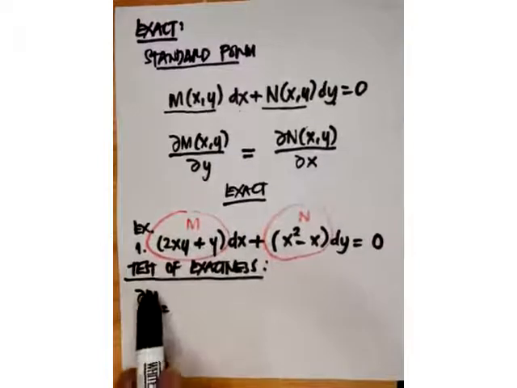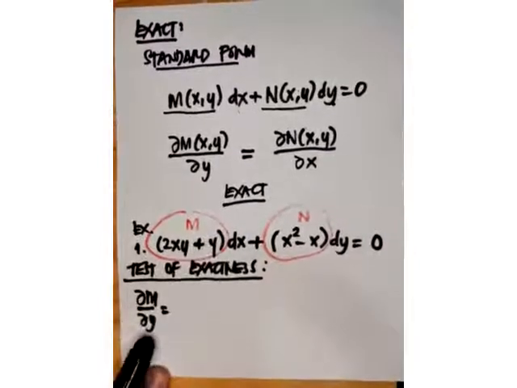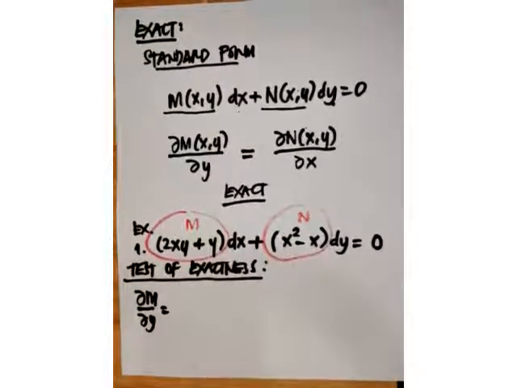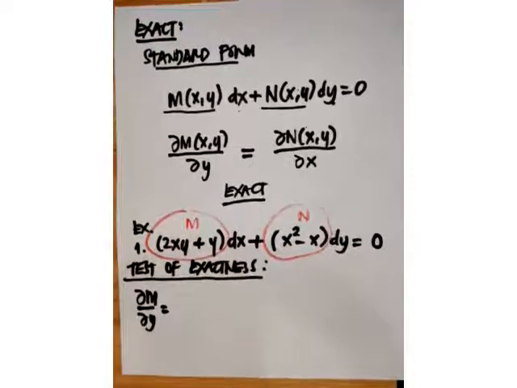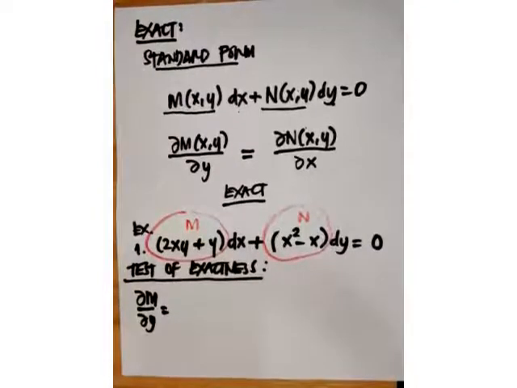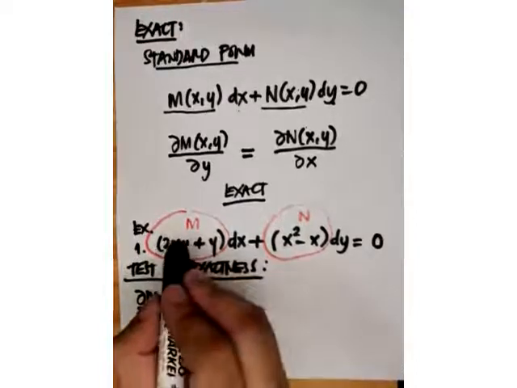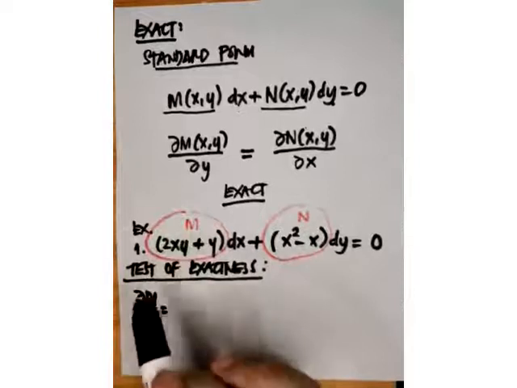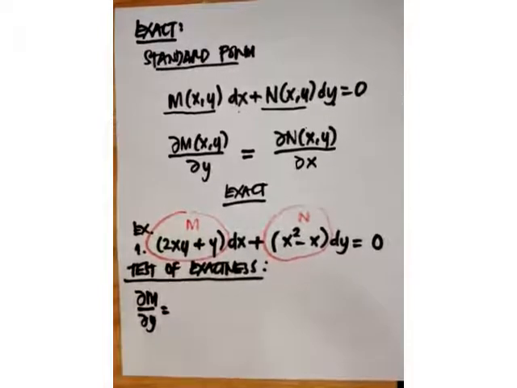Now, let's get the partial derivative of M with respect to y. Okay, class. That means all the variables except y will act as constants. Do you remember that in your multiple integration? Whatever is not being integrated, that particular term is acting as a constant. Similar to this one, since we are only going to derive this term with respect to y, all the x's will be considered constants.